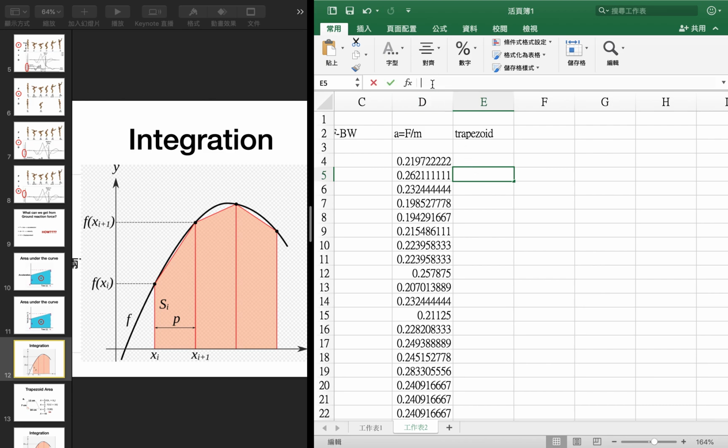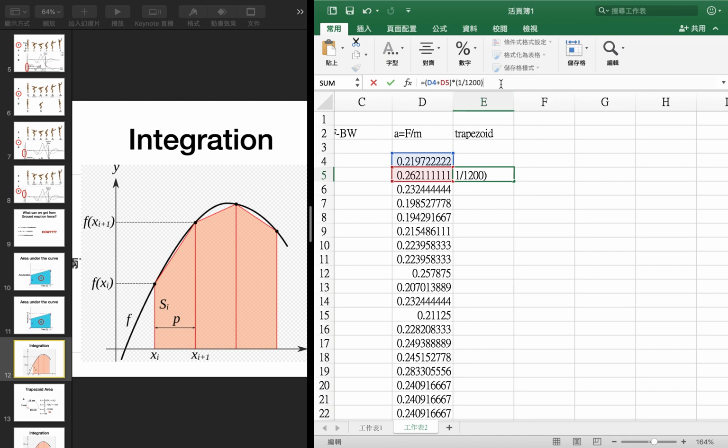Okay, so I want to calculate trapezoid area, which is equal to D4 plus D5, right? So that's 2 y values on this graph. And then I will multiply by the height. The height is the time interval between these two data points, which is 1 over 1200, right? That's the height here.